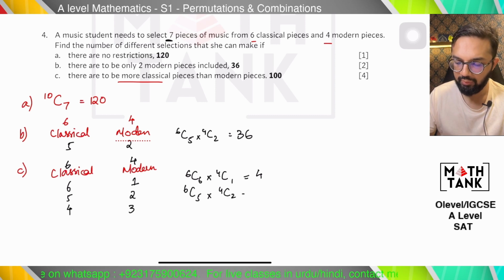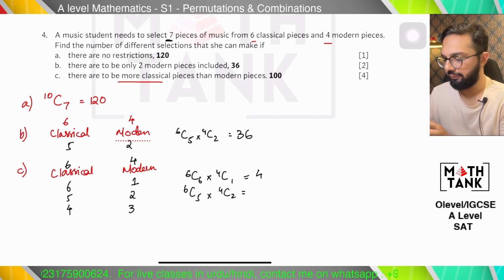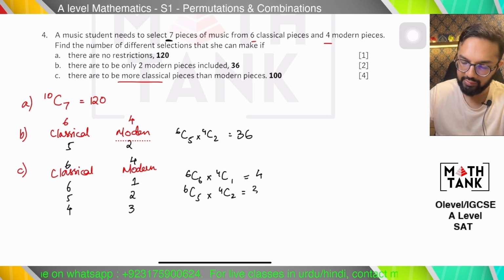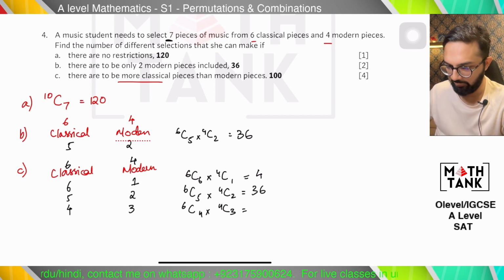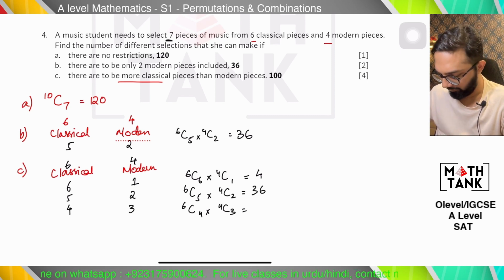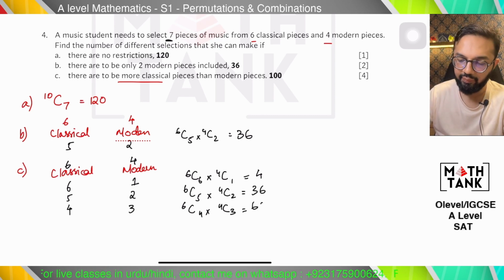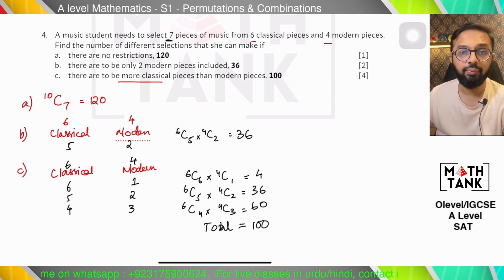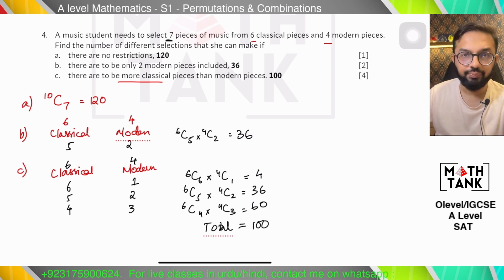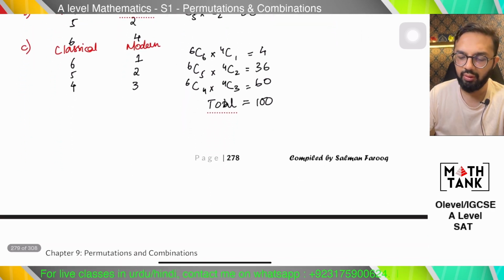Let's check what that is. 36. Then 6C4 into 4C3. Hmm, 60. So that gives me a total of 100. Okay, that was another question.